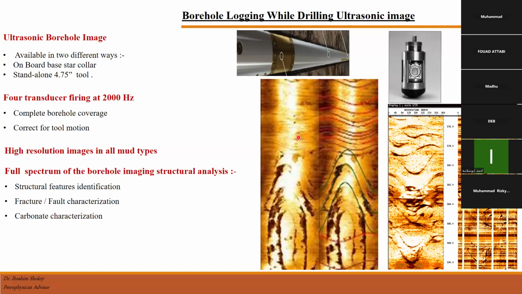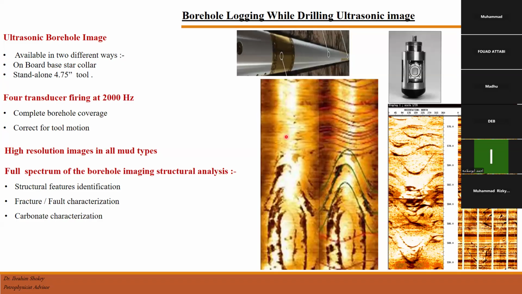By using acoustics, we have two main properties. The first property is the echo travel time, delta t, which can determine the distance to the borehole wall, and can be used in computing the borehole diameter and shape.